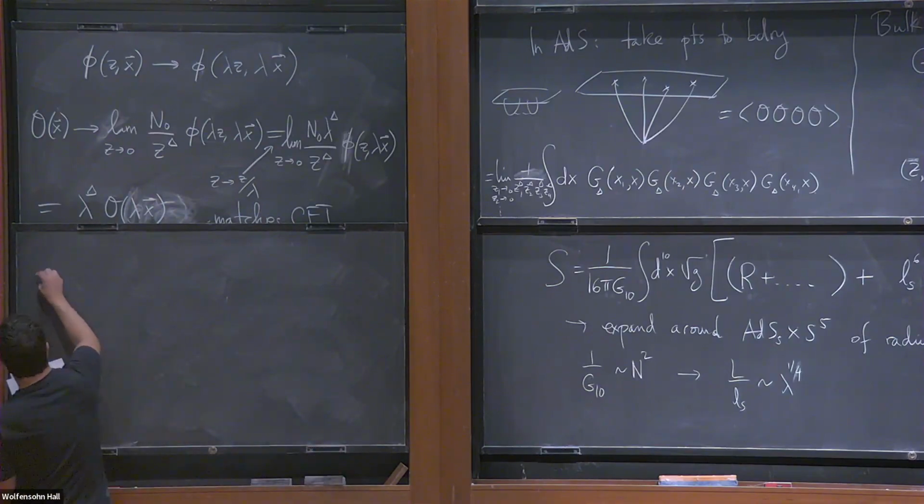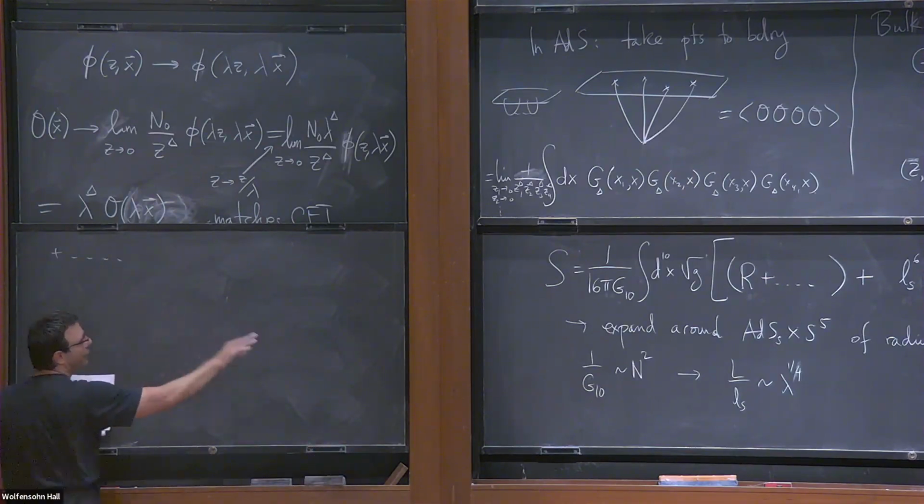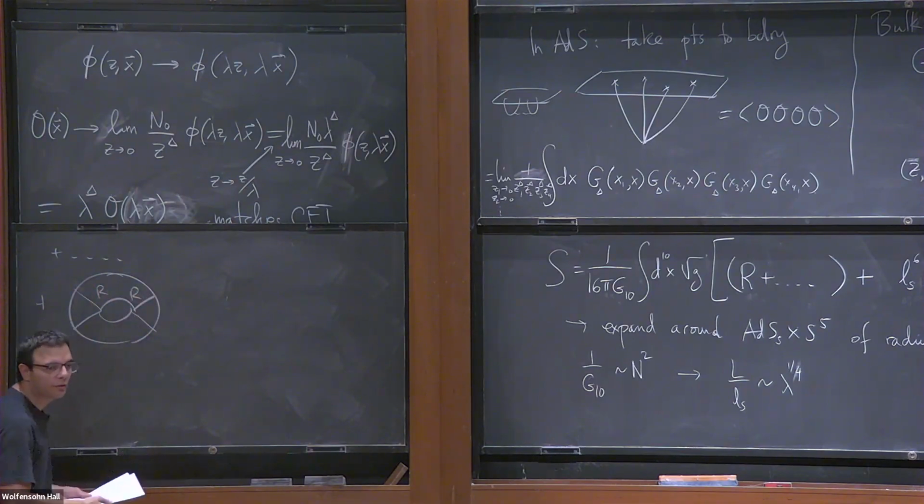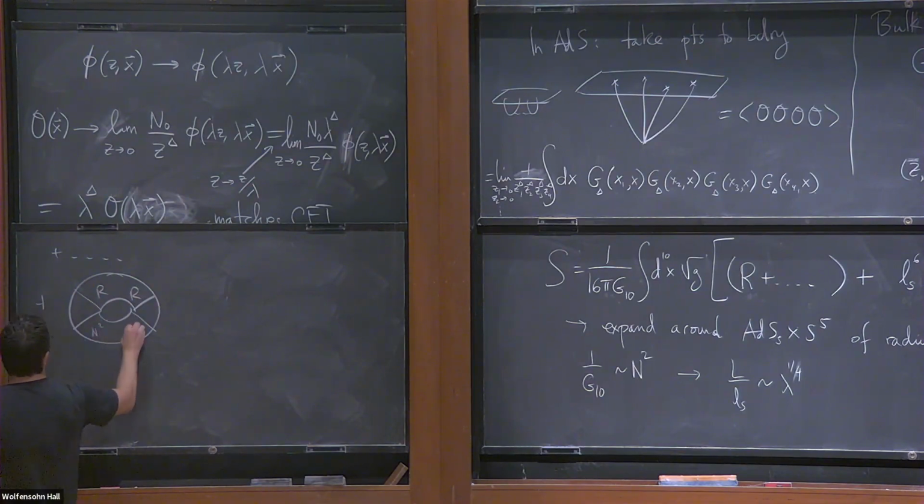So tree level diagrams, we can have an infinite number, and then we can have loop diagrams. The first one looks like this, where both vertices come from the Einstein-Hilbert action. Each vertex would scale like n squared, and we have two propagators that scale like 1 over n squared. So it's 2 n squares, and then 2 times 1 over n squared, so we get n to the 0.